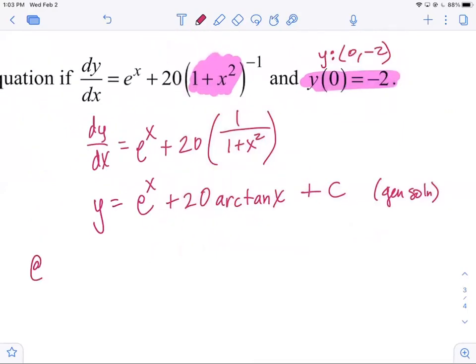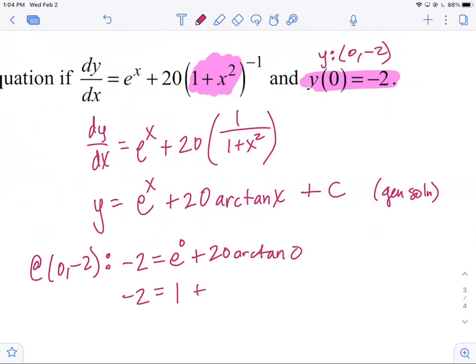So below there, we'll say at the point 0, -2: we plug in a -2 for y, -2 equals, and a 0 for x, e to the 0 plus 20 arctangent of 0. And now I simplify. E to the 0 is 1. And what is arctangent of 0? Tangent of what angle is 0?